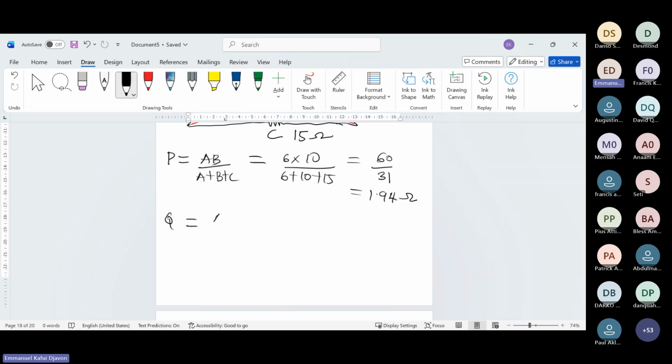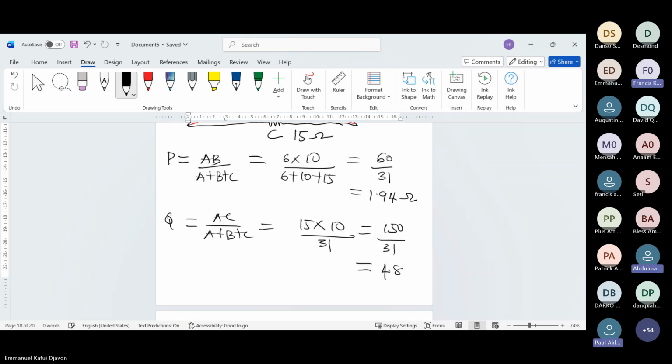That will be AC all over A plus B plus C. 15 times 10 all over 31. That will give me 150 over 31. That's 4.84 ohms.